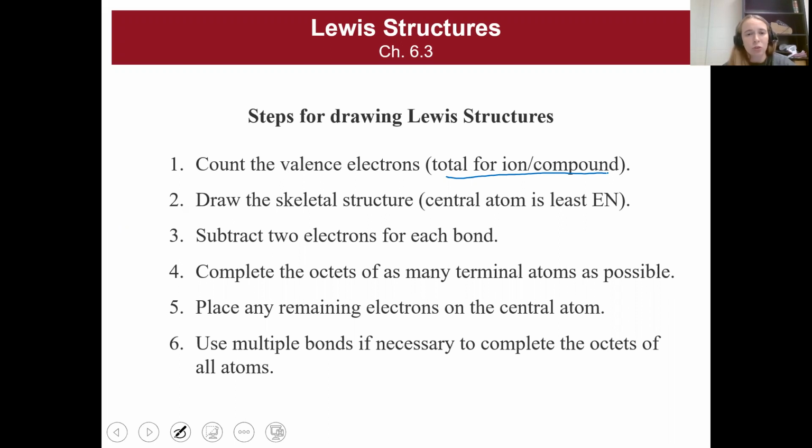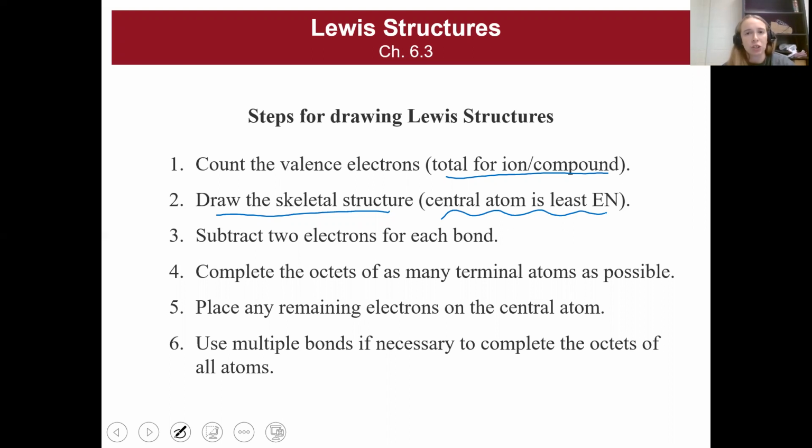Once you have the total number of electrons, you're going to start by drawing the skeletal structure, which just means you're going to decide which one is the central atom and then connect everything to that central atom. The central atom is usually the least electronegative atom in the structure, except hydrogen is never a central atom.